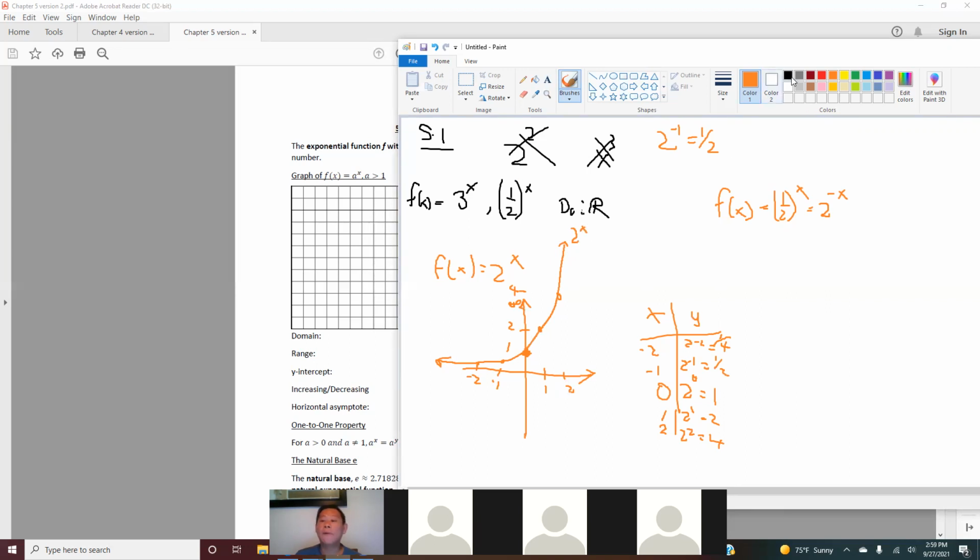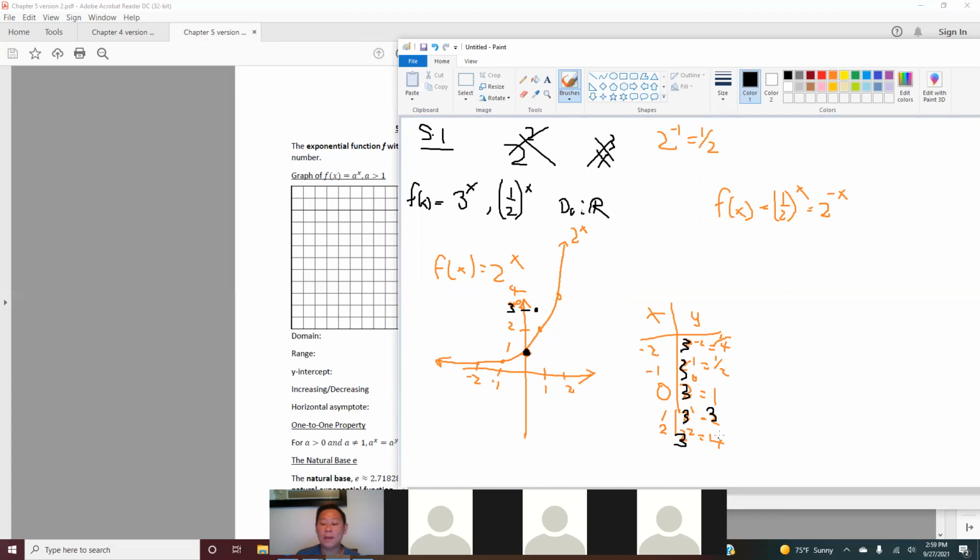If I want to draw 3^x, repeat the same thing, but instead of 2 here, this is all going to be 3. So 3 to the power of 0 is still 1. So for 3, you still have the point (0, 1). 3 to the power of 1 is 3. So when x is 1, you get 3, which is here.